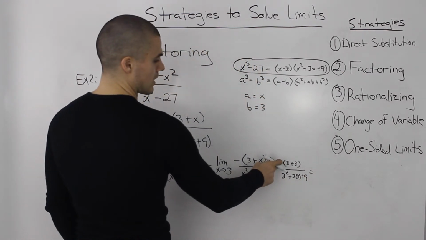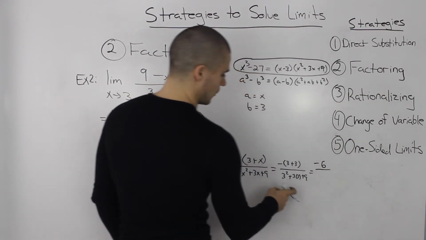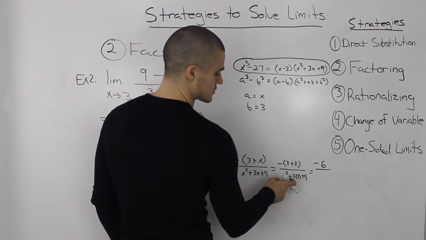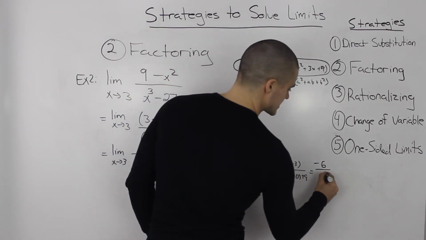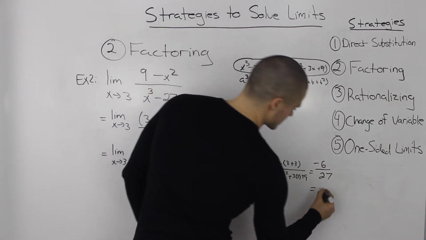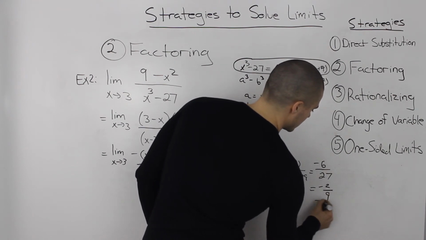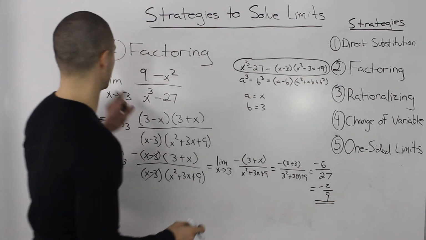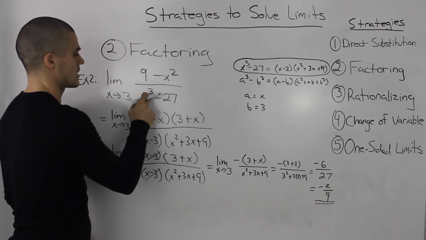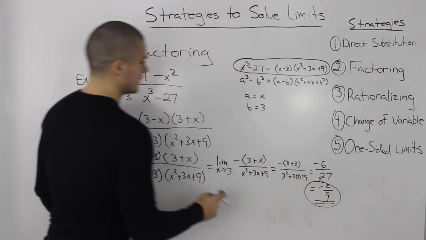So here, 3 plus 3 is 6, and then negative, so it'll be negative 6 over 3 squared is 9, 3 times 3 is 9, so 9 plus 9 plus 9 is 27. And then negative 6 over 27 simplifies to negative 2 over 9. So the answer for this limit as x approaches 3 of 9 minus x squared over x cubed minus 27 is equal to negative 2 over 9.